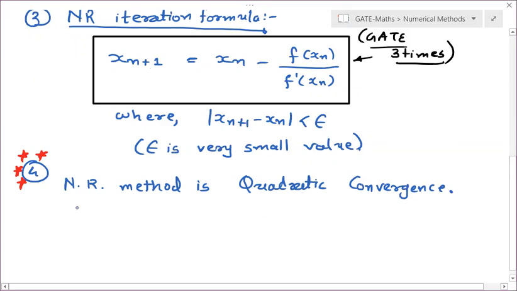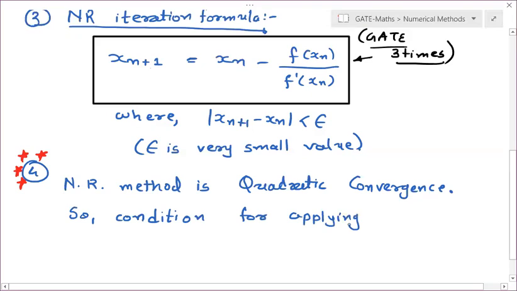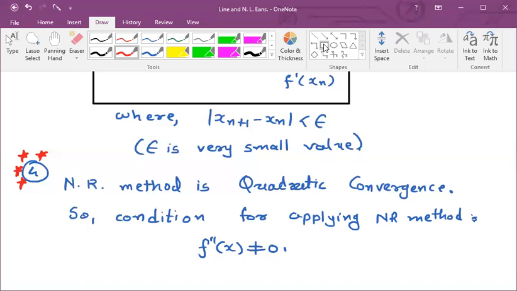The condition for applying it, and the convergence, I will show you when we complete all our methods. At the end I will give you this convergence table. So the condition for applying the Newton-Raphson method is that your f double dash x should not be equal to 0.